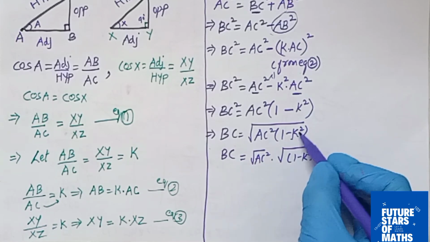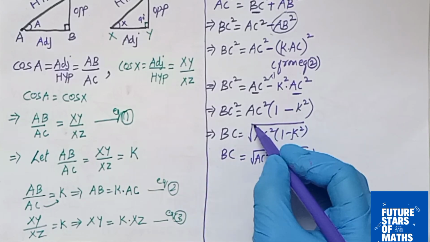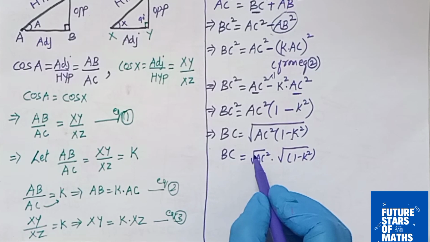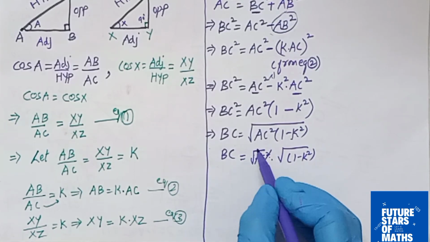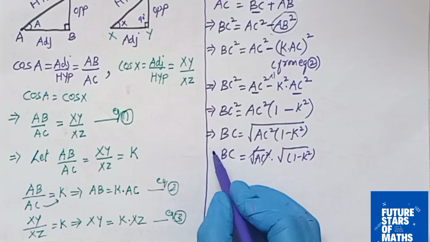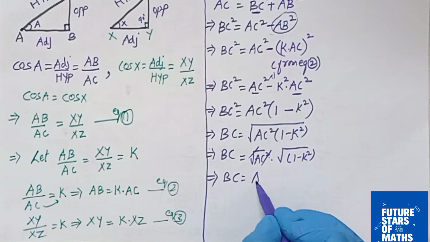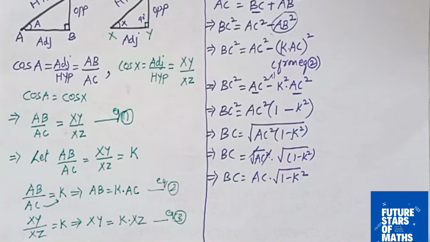But here K square is inside the bracket, not outside, so this square and this square root don't cancel out. But here we have a square root and a square, so this will get cancelled. So this will be equal to AC root 1 minus K square.